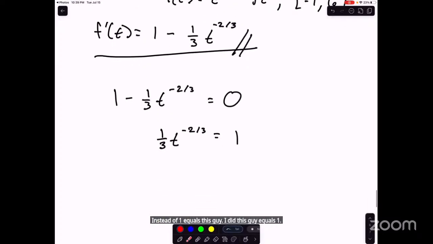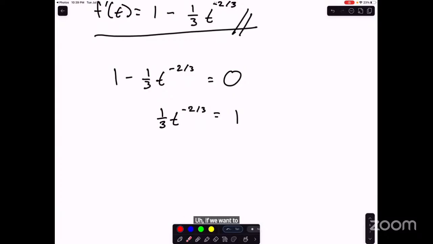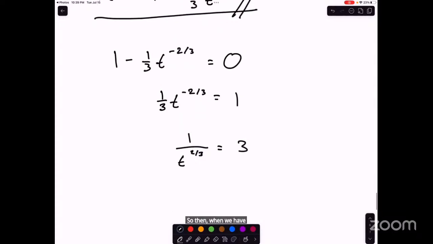Okay. If we want to solve, I'm going to multiply both sides by 3, and I'm going to rewrite this. So this is really 1 over t to the 2/3 equals 3. When we have a fraction equal to another fraction, we can cross multiply.